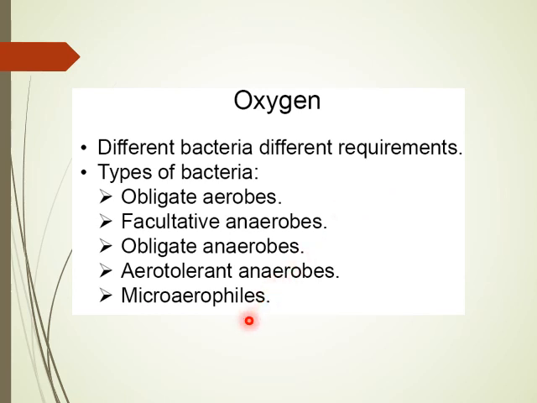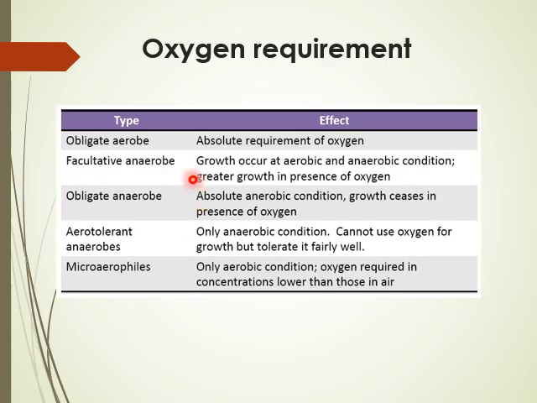Microaerophiles can live in a limited amount of oxygen. And this is the detailed explanation about the oxygen requirement of the different groups. Okay, you can have a look and read it yourself.